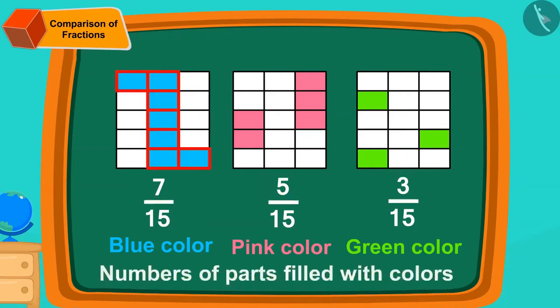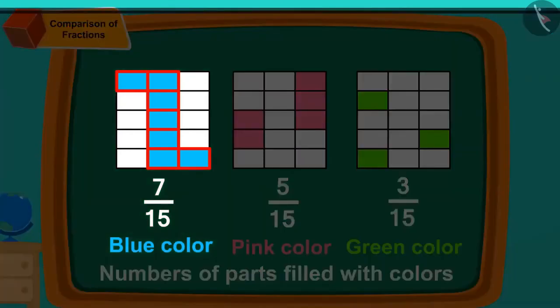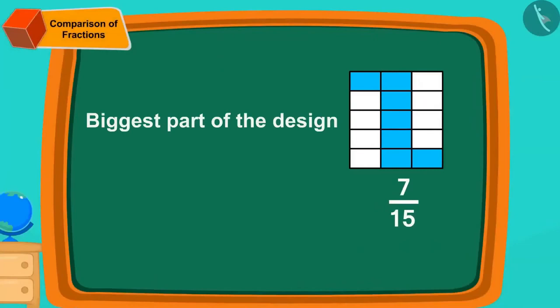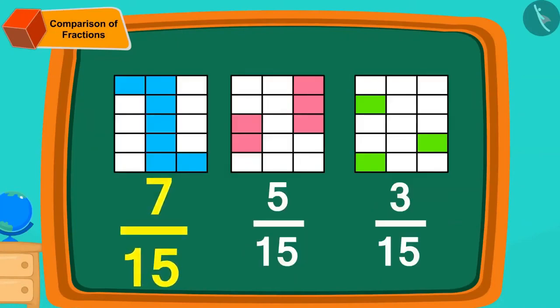Number of blue colored parts here, 7 is the highest. Hence, the biggest part of the design, 7/15th, is filled with blue color. So, the fraction 7/15th is bigger than both of these fractions, 5/15th and 3/15th.